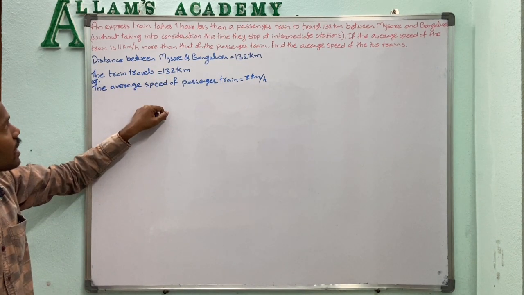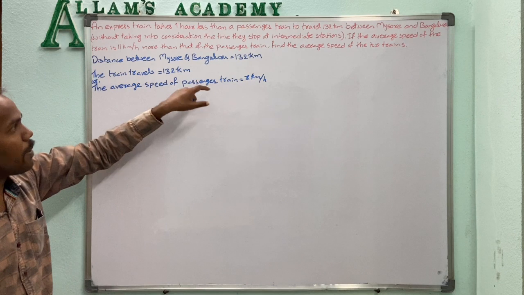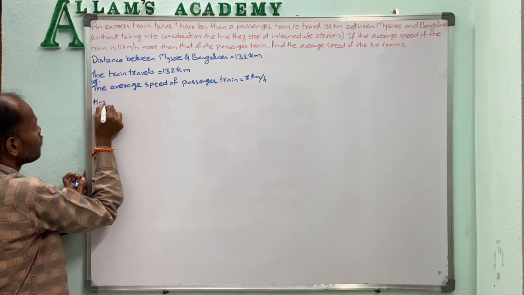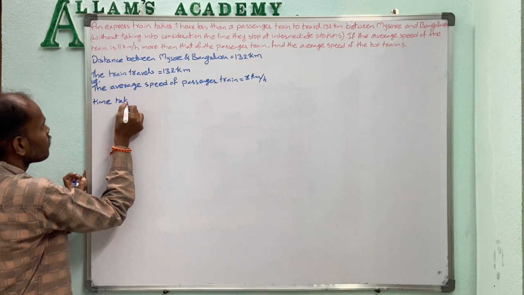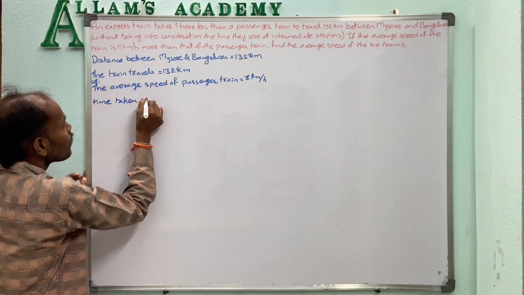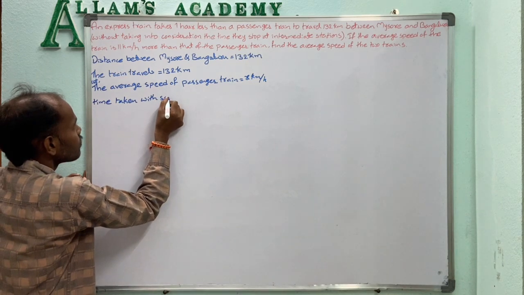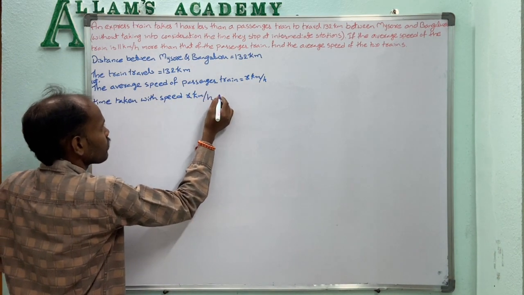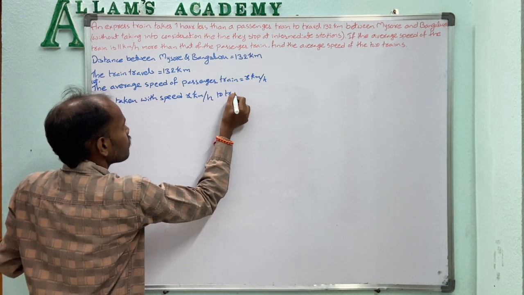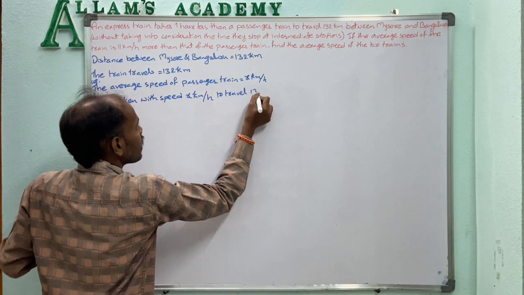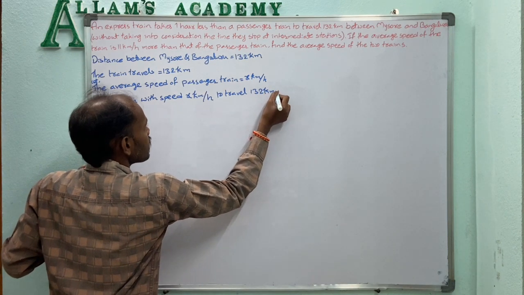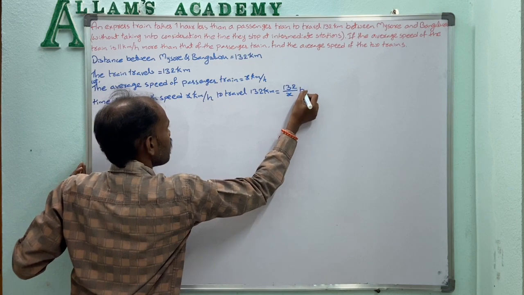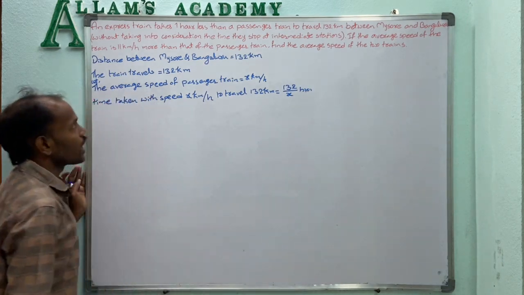Time is distance divided by speed. So the time taken with speed x kilometers per hour to travel 132 kilometers is 132 by x hours.